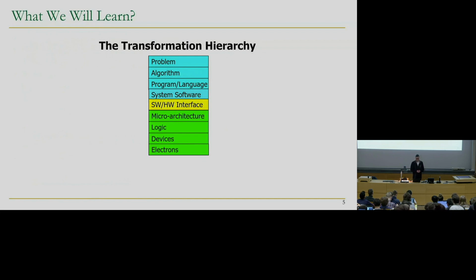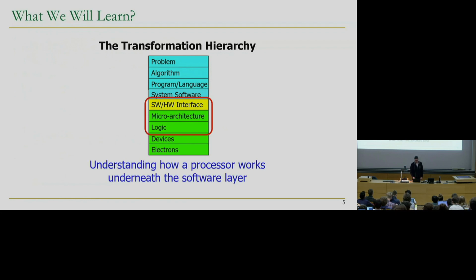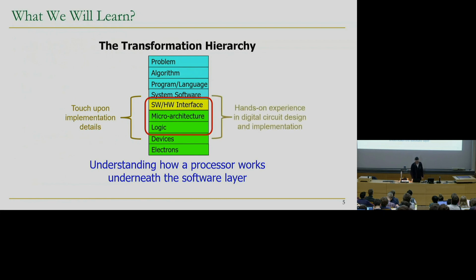You have seen this transformation hierarchy a few times by now. In the labs, we will mainly get hands-on experience working on these 3 layers of this transformation hierarchy. We will work at the software-hardware interface, microarchitecture, and at the logic level a little bit. Then we will see how we can implement things at those 3 levels.